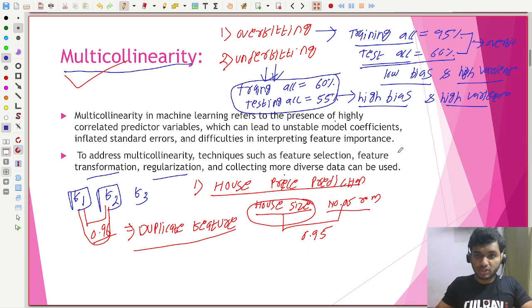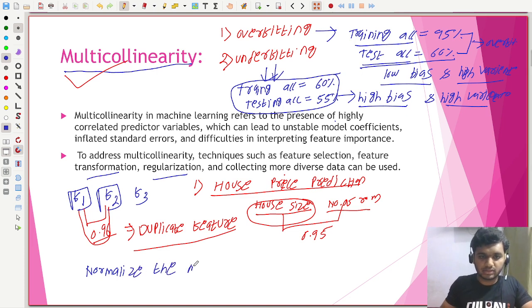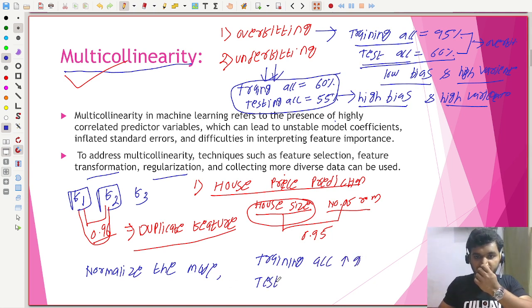For a normalized model, for the best output, training accuracy is maximum and testing accuracy is also maximum.